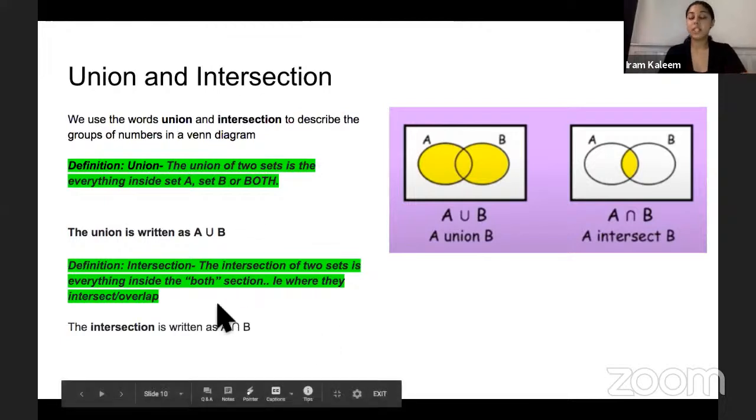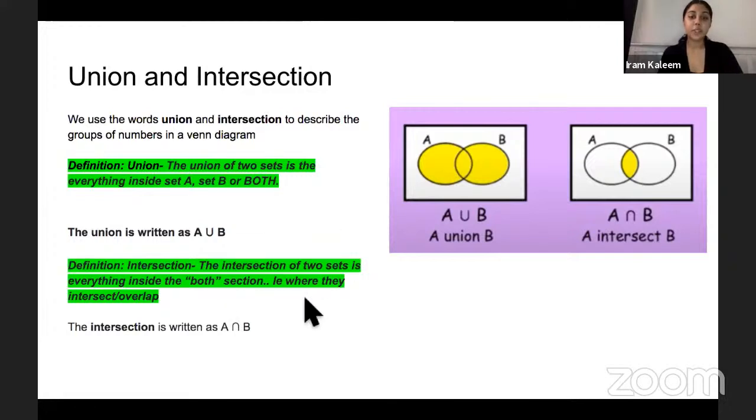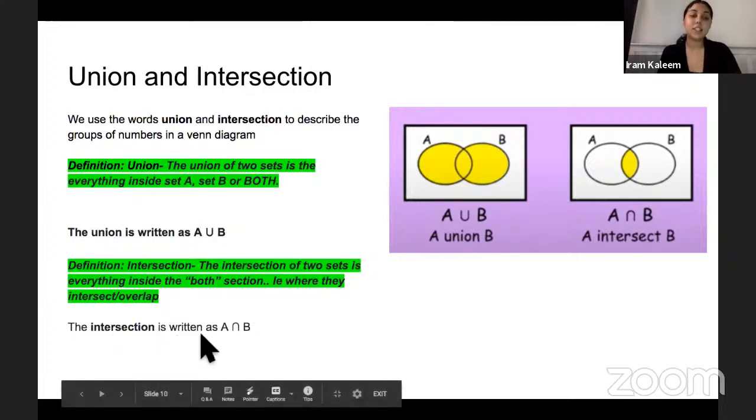So next definition, the intersection. The intersection of two sets, let's say the sets are A and B, is everything inside the both section, i.e. where they intersect or overlap. The intersection is written as A intersect B, where the intersect sign is kind of like an upside down U or a large N that's curved.